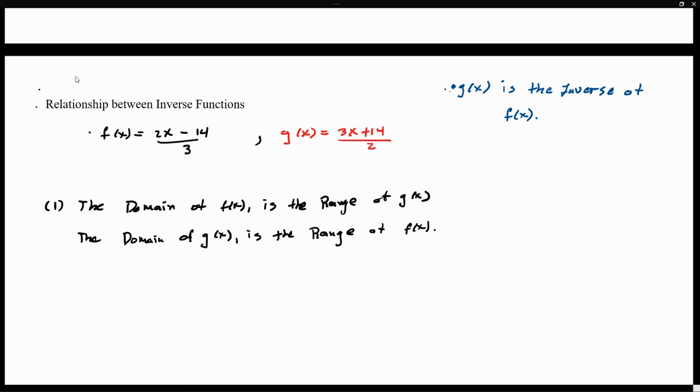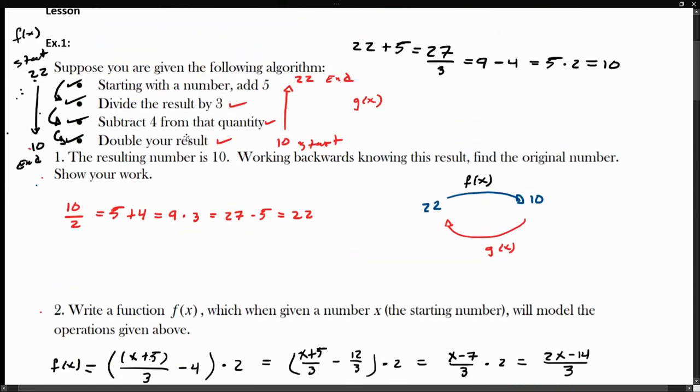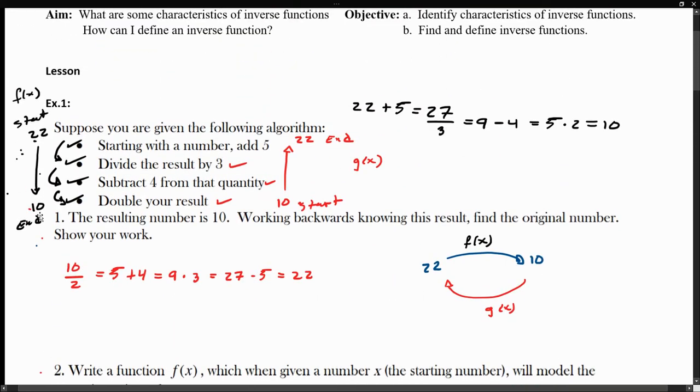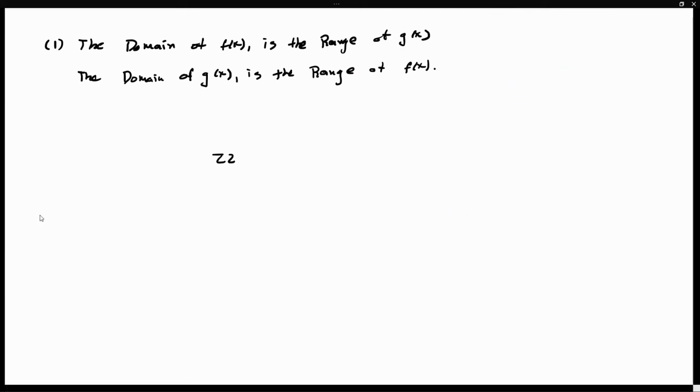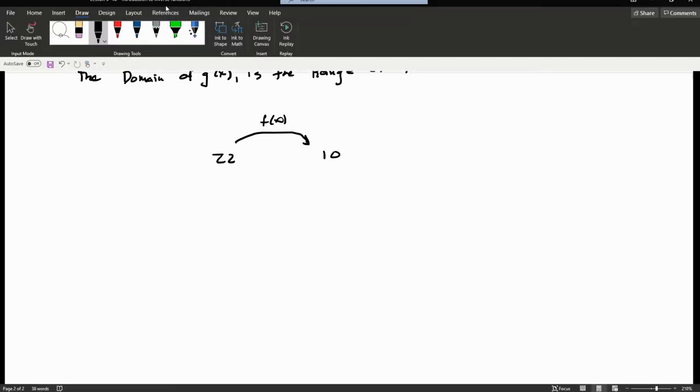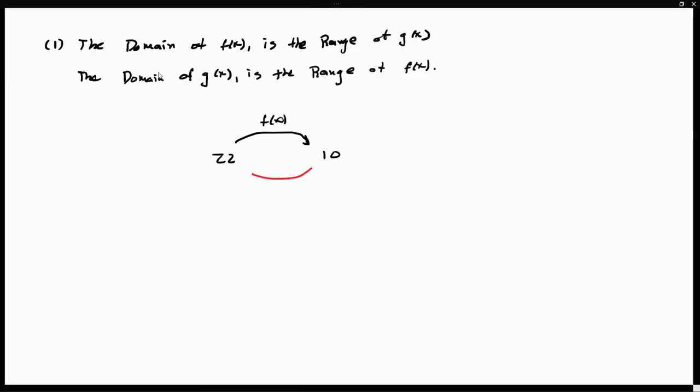Well, going back to our previous result, notice that here we started with the value of 22 and then we end up with the value of 10. We said that f of x got the value of 22 and spit out the number 10, and g of x did the opposite.